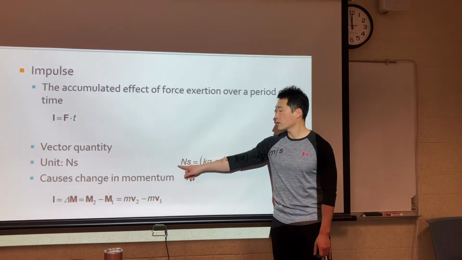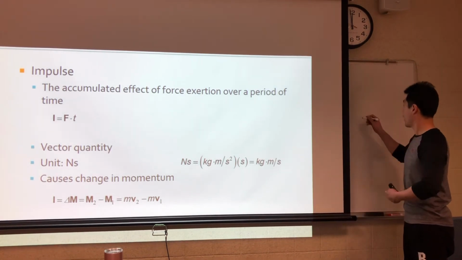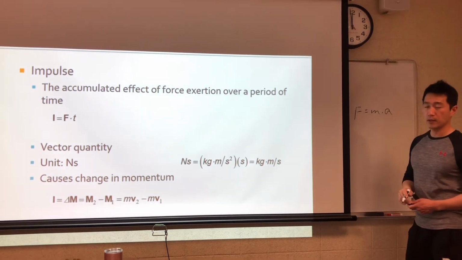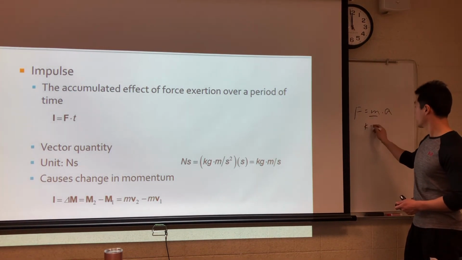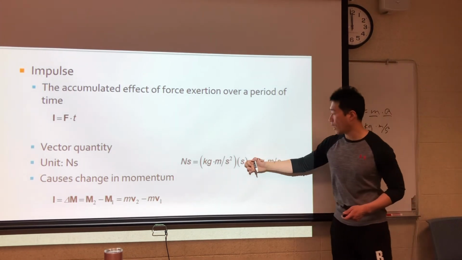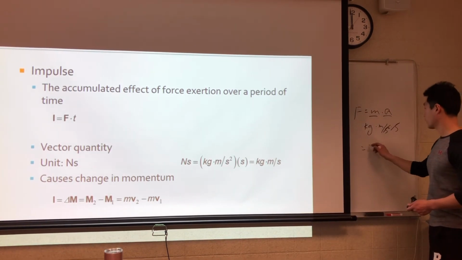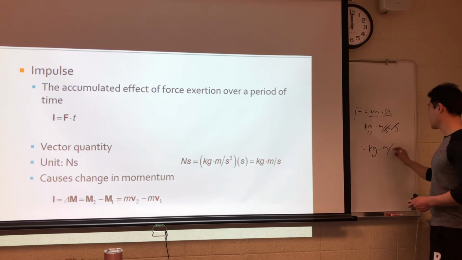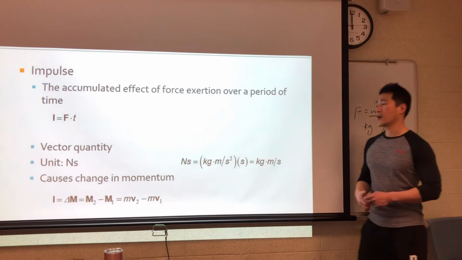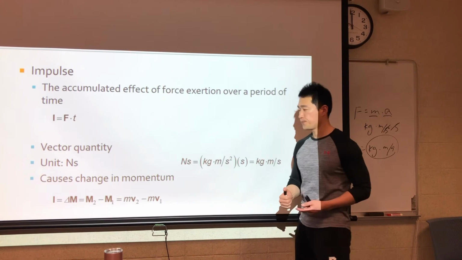Because N is actually force, and force equals m a. So the unit of m is kilogram and acceleration is meter per second squared, and then one more time, s is from this one. Then one s can be gone. So kilogram times meter per second, which is equal to the unit of linear momentum. That's why they are using the same unit, and that's why we can say these two are related to each other.